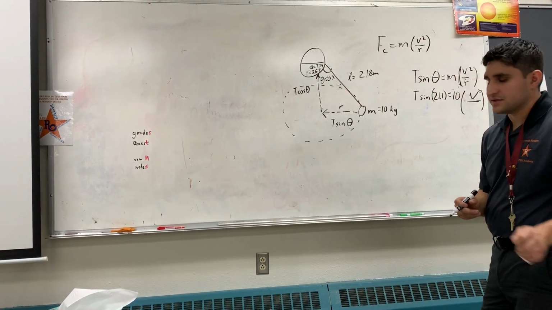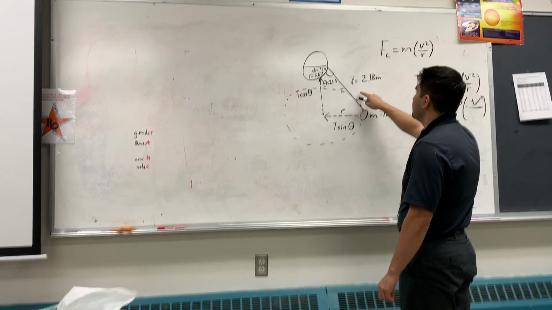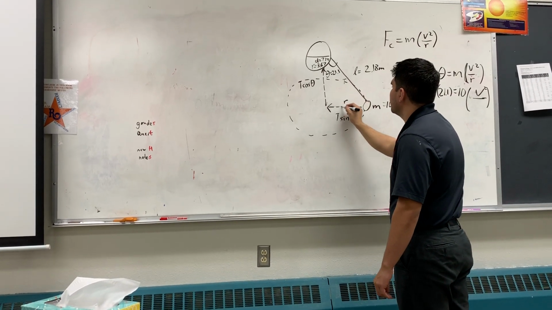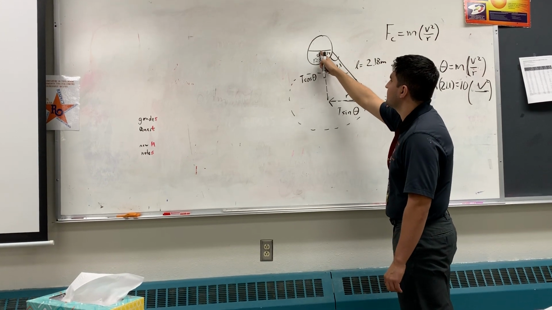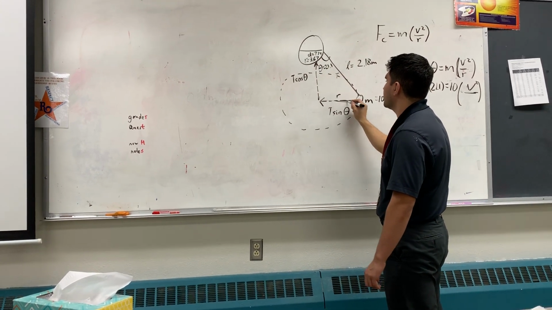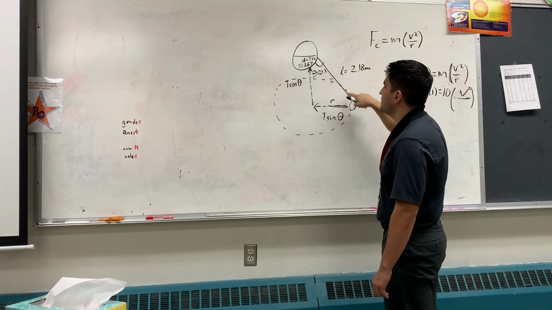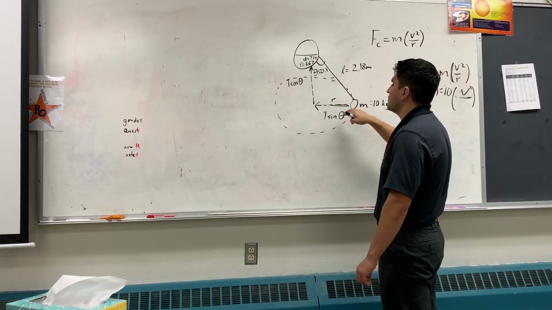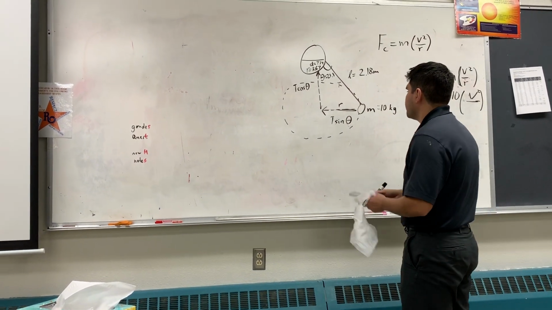The radius is going to be this part plus this part. So how am I going to get this part right here? If I know the diagonal of this triangle, I can find it.